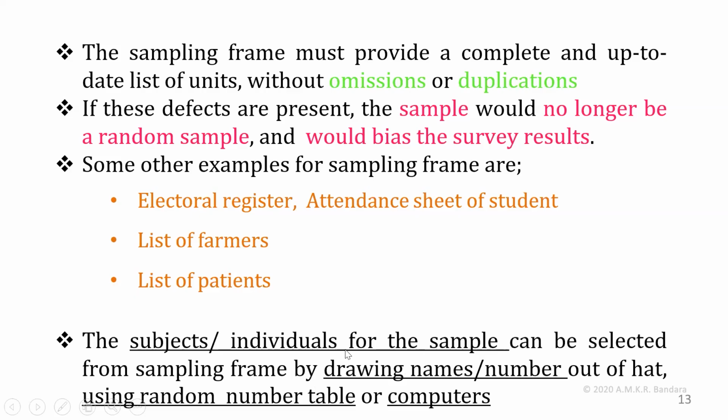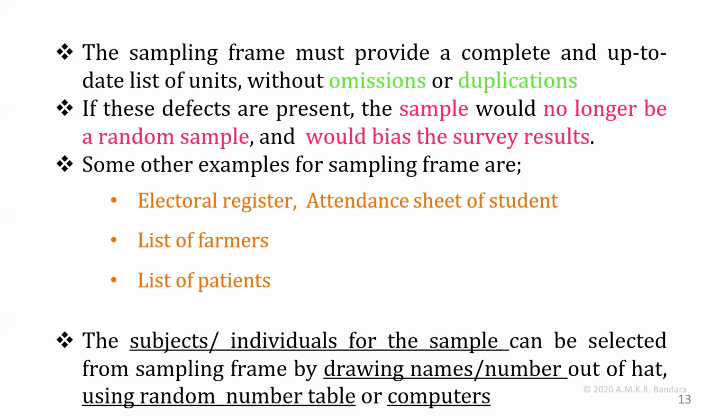As lottery draw, you can write chits for each and every individual in the sampling plane, or numbers corresponding to those individuals, and put those chits into a container and mix it well and draw or select the required number of chits. Assume we are going to select 50 individuals, and there are 1,000 individuals in your list, in the sampling frame, in your population.